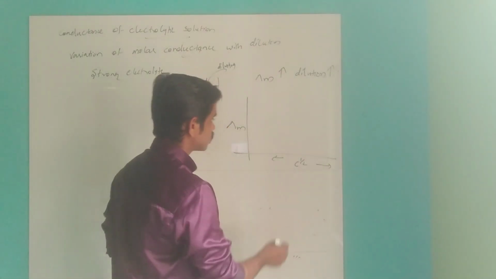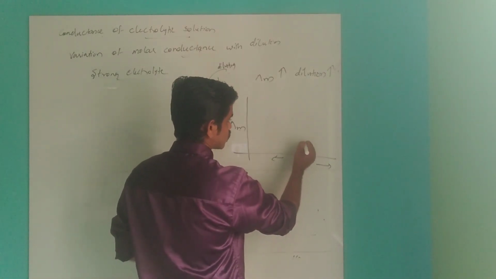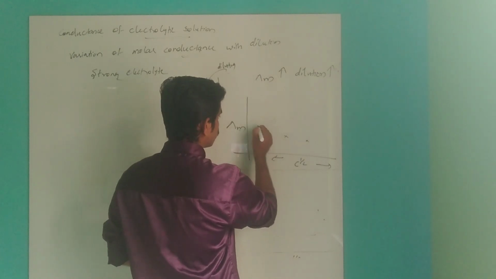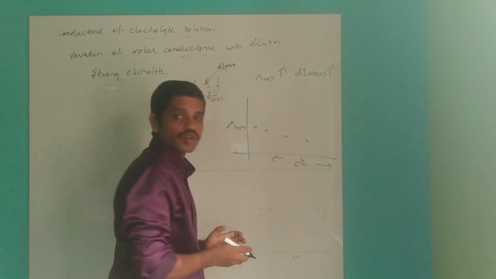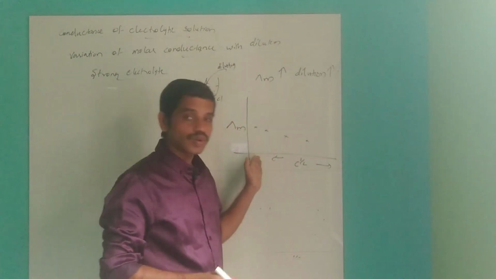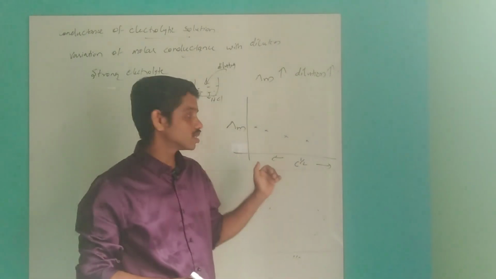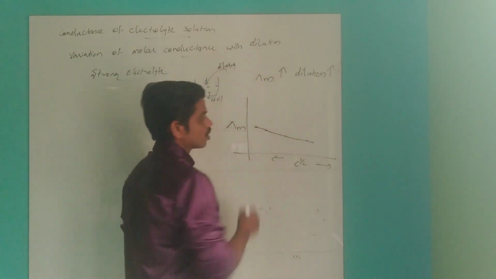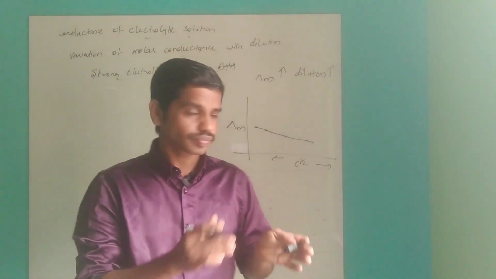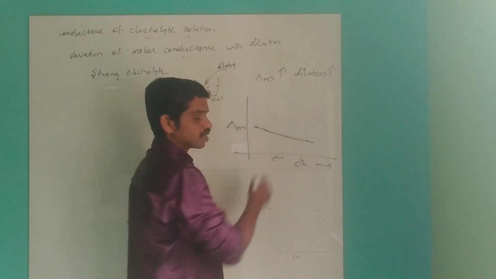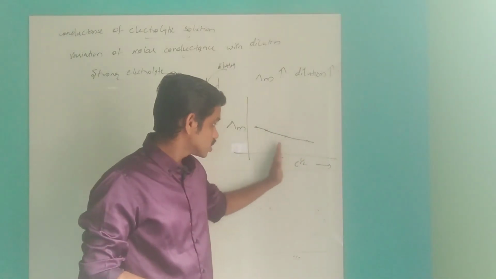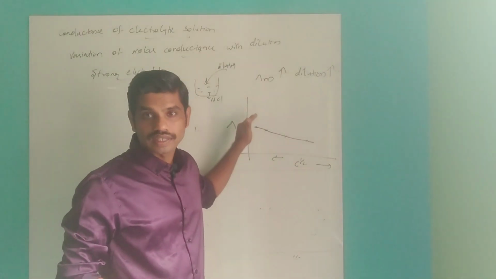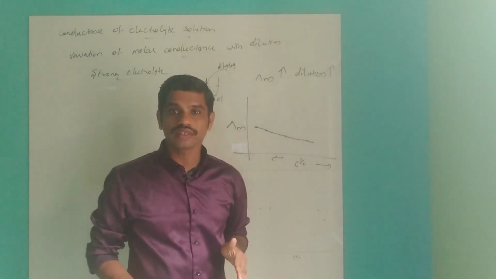Suppose at first you got one value, second value, third value, fourth value, diluting more, that means decreasing concentration. You connect these and draw a graph. You will get a line like this. As dilution increases, the values gradually increase.